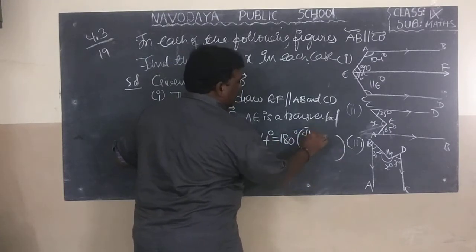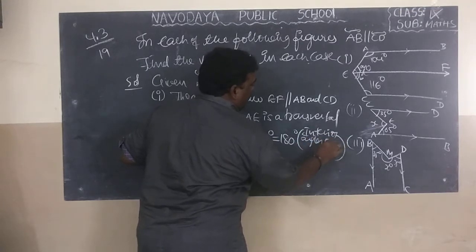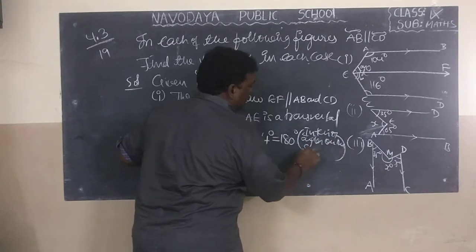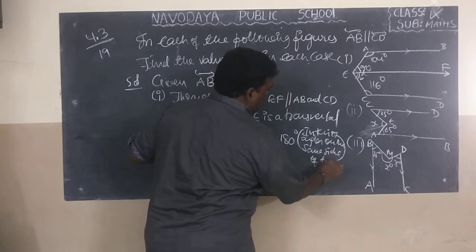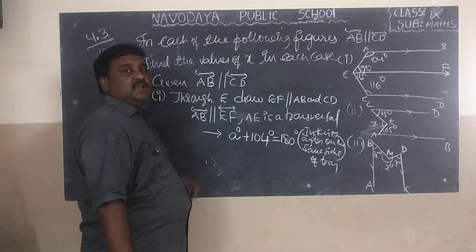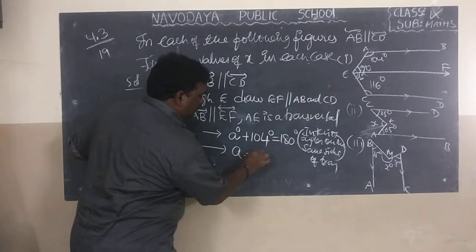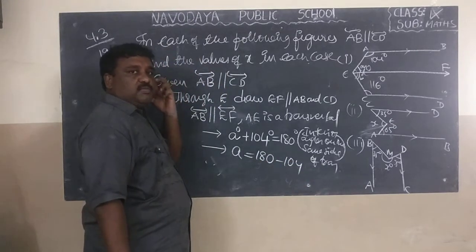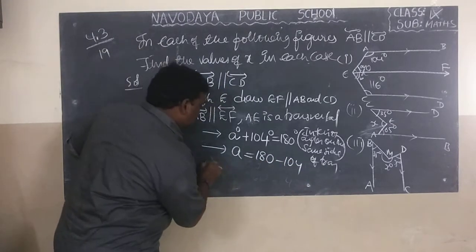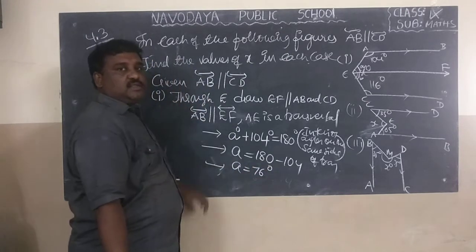Reason: interior angles on the same side of the transversal. So small a equal to 180 minus 104. Small a equal to 76 degrees.